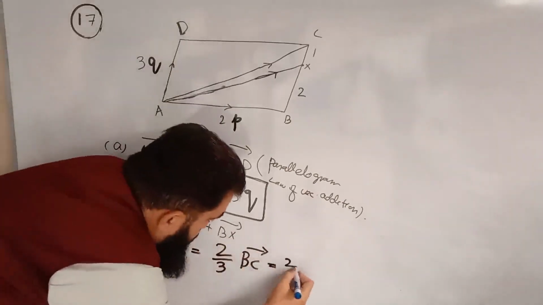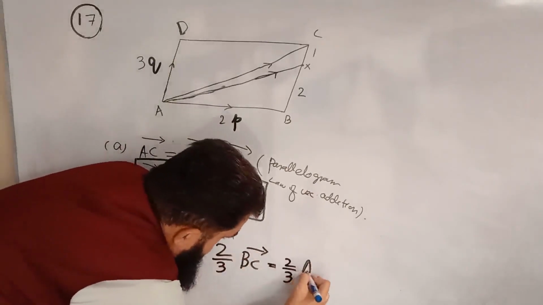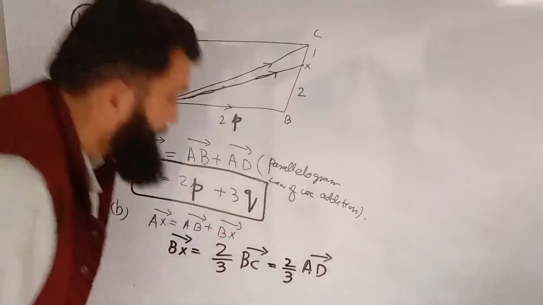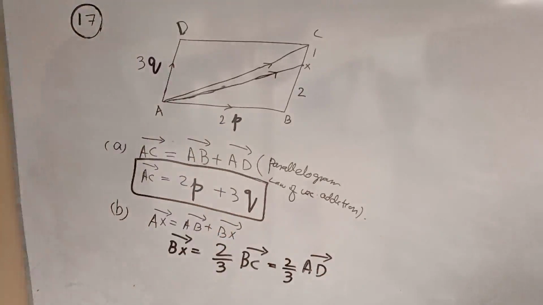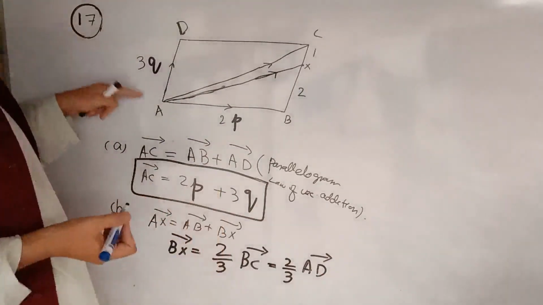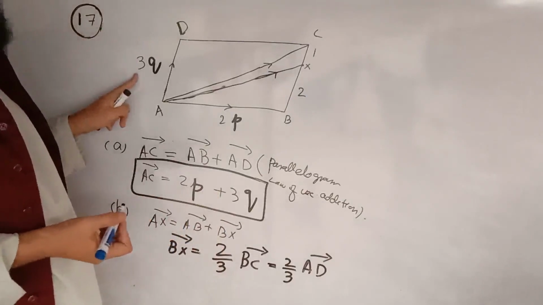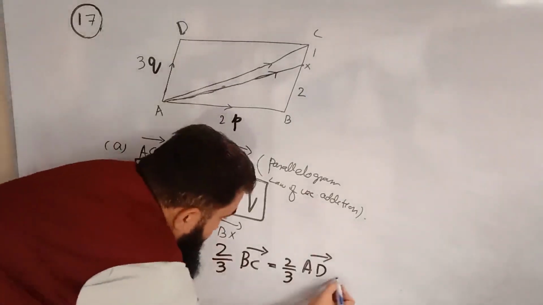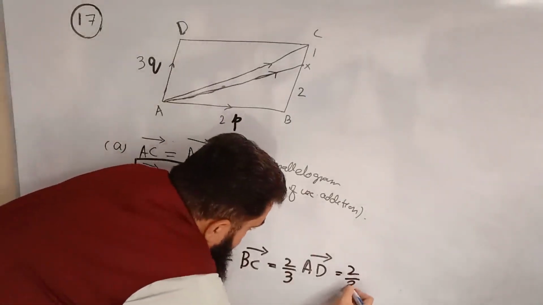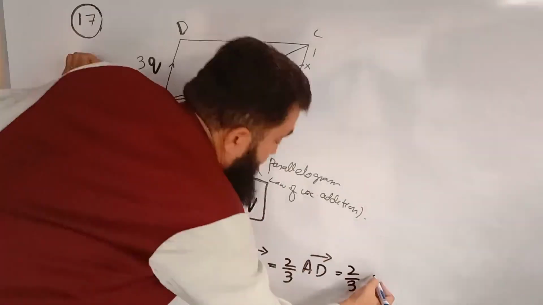So this is equal to 2/3 of AD. Understand? BX is 2/3 of BC, which is actually 2/3 of AD. This implies that AD is given as 3Q. It is given in the question. So this will be equal to 2/3 of 3Q.